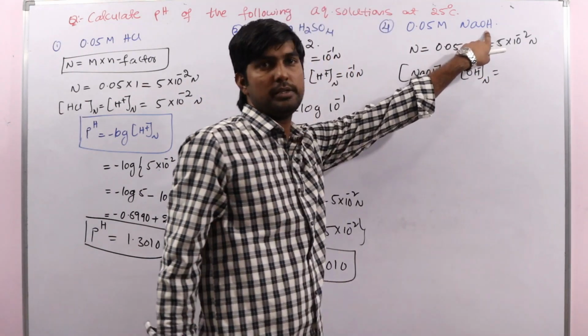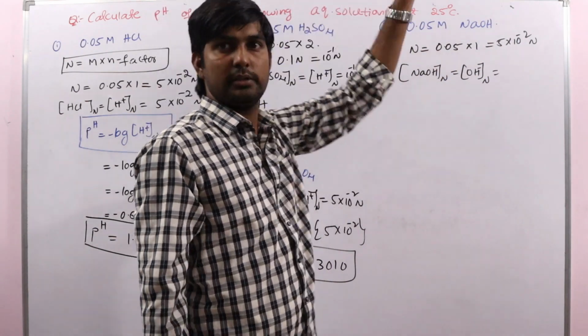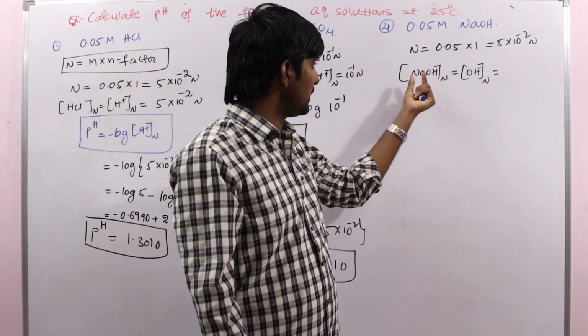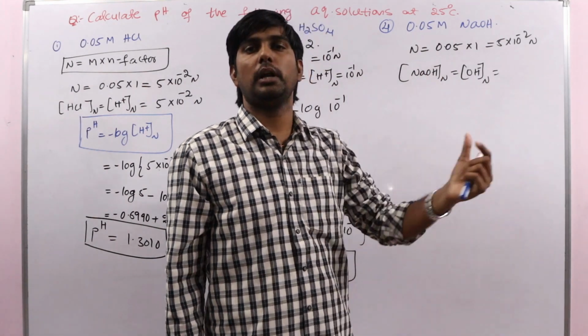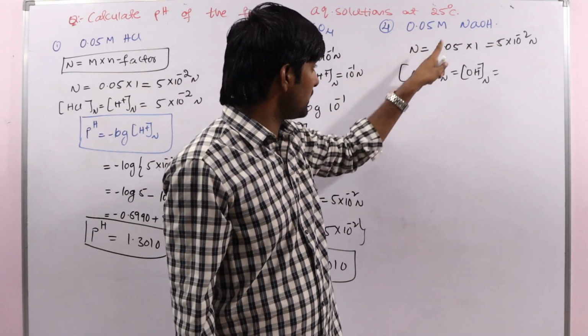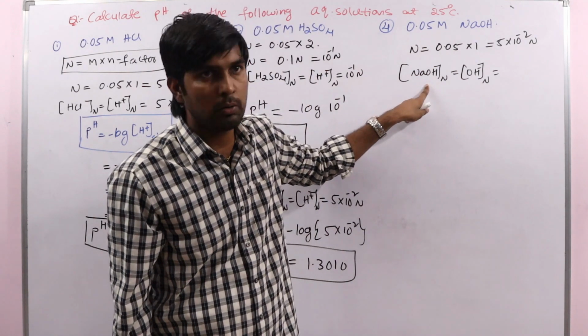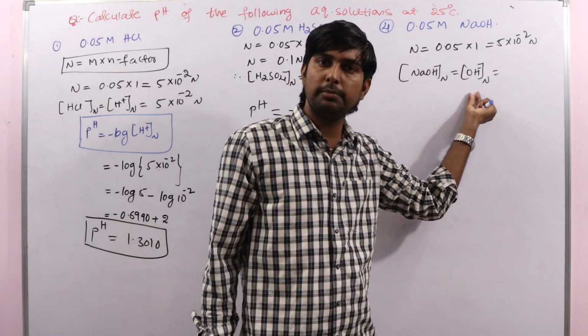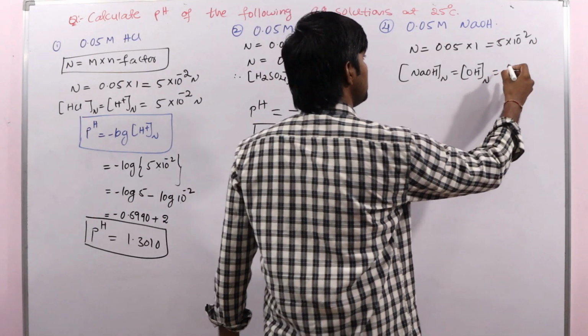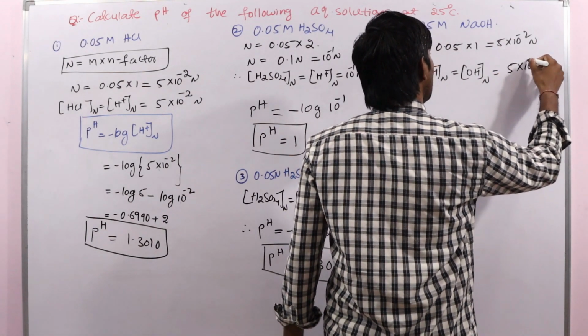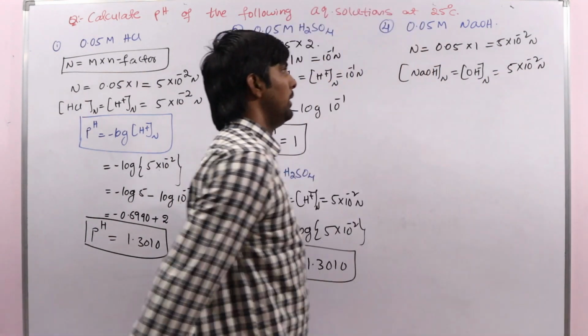Yes or no? Because it is a base. So already we discussed in the previous lecture, concentration of strong base is equal to concentration of OH minus ions. So that is equal to 5 into 10 power minus 2 normal.